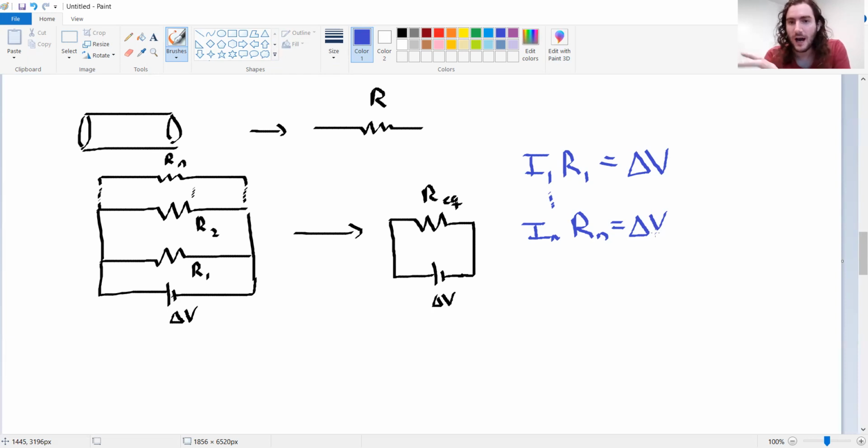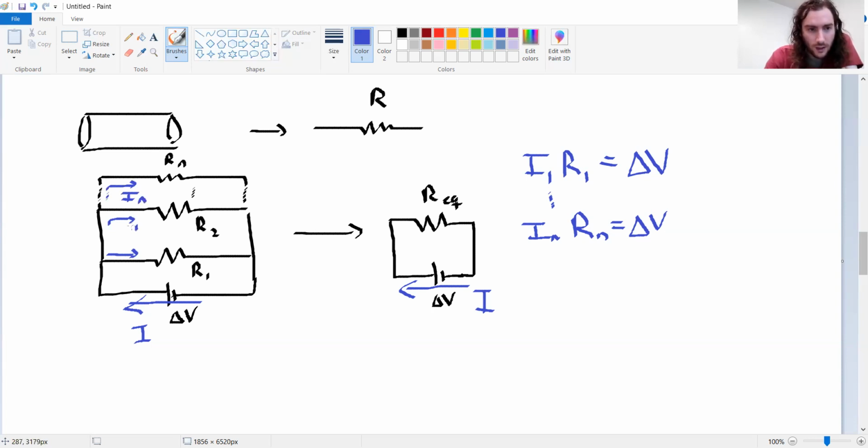So I've subscripted I1 all the way through IN. However, the current that flows through the battery should be the same. Which means that all of these currents, I1, I2, dot, dot, dot, IN, according to Kirchhoff's current law, should all add up to the total current I.